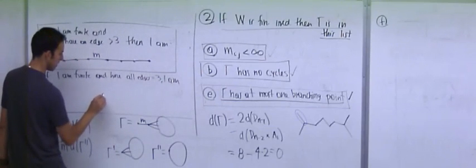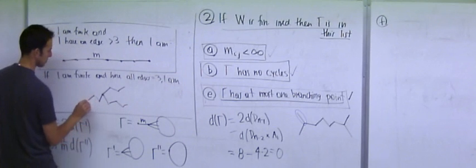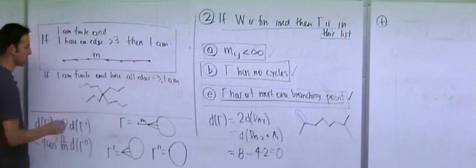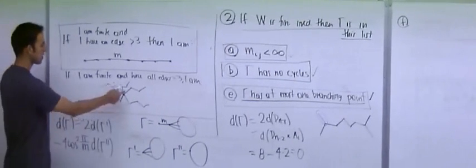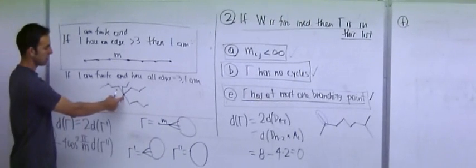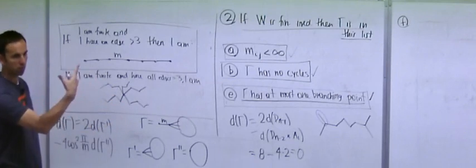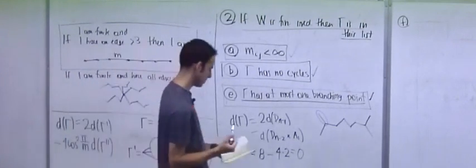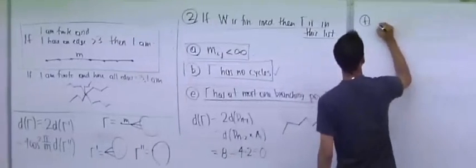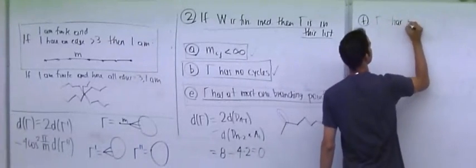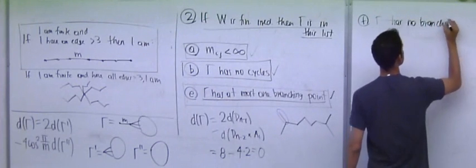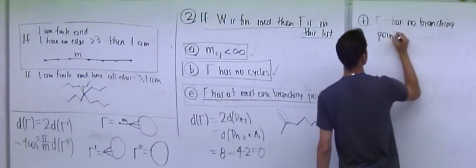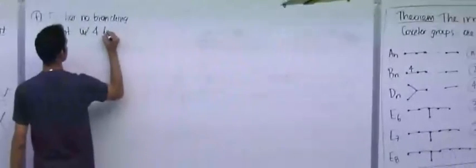I have to have a single branching point and look something like that. But I'm actually going to discard this by proving that actually the branching point can have at most 3 branches. So gamma has no branching point with 4 branches.